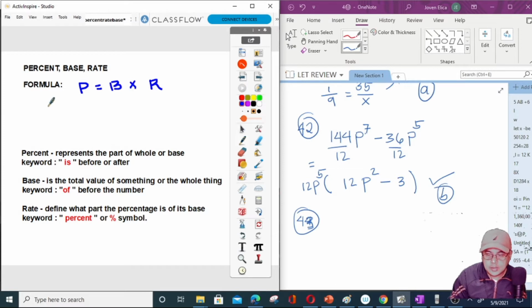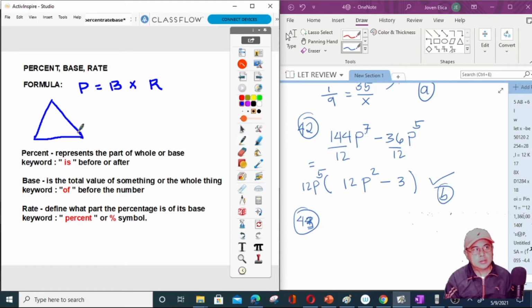In order to make it easy for you to use the percentage formula, we can draw a triangle. So this triangle, we can divide it into 3.